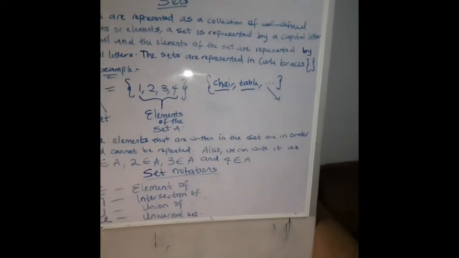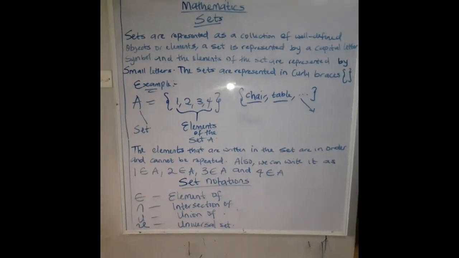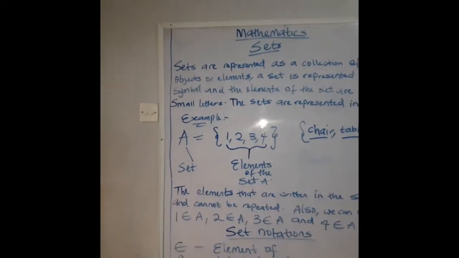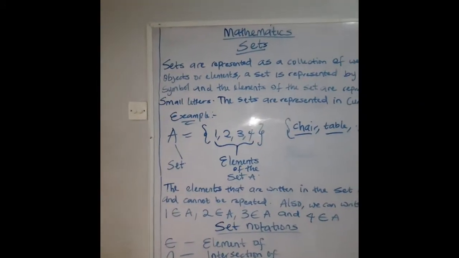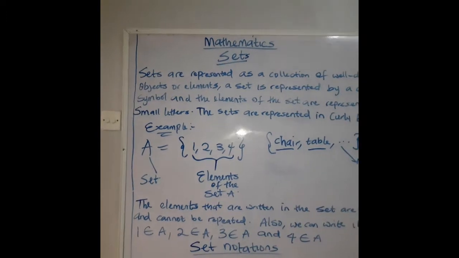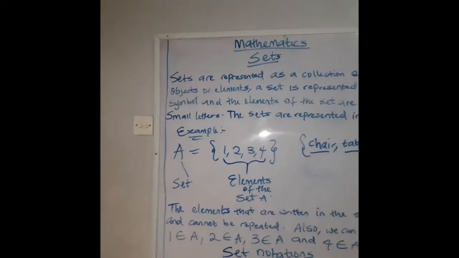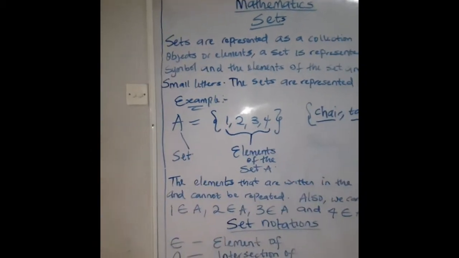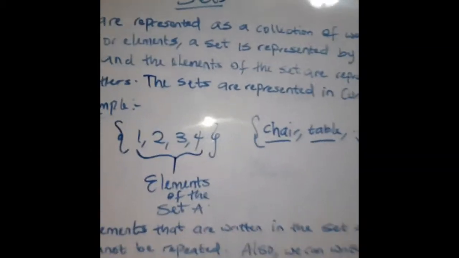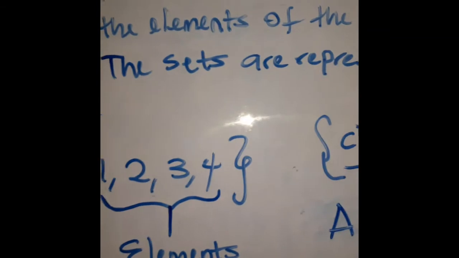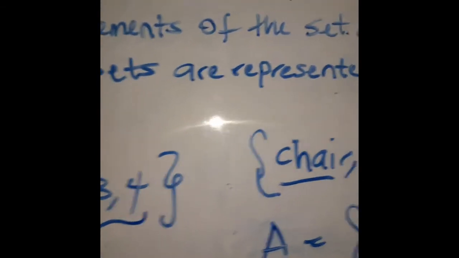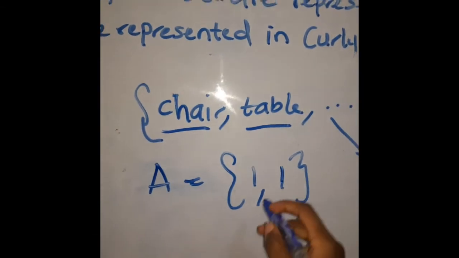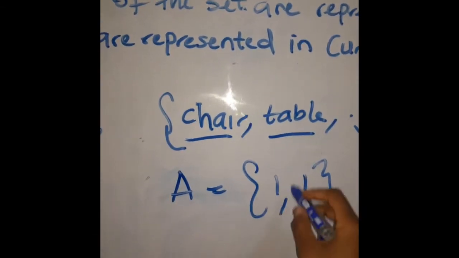So the note continues: the elements that are written in the set are in order and cannot be repeated. That is to say, we have set A with the elements 1, 2, 3, and 4. If they ask us to list 2 elements of set A, we should list 2 elements. We can't say A equals 1, 1, because we can't repeat this.